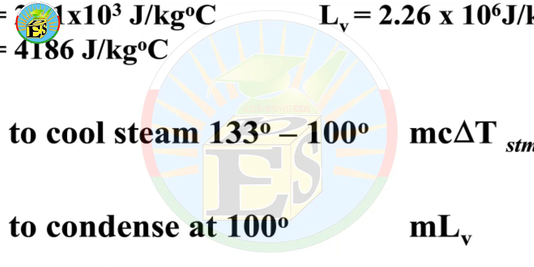For the amount of heat energy to cool liquid from 100 to 53, we use this formula also. But in this one we use C, the specific heat for steam, and the change in temperature for steam, and in this one we use the specific heat capacity for water and the change in temperature of water.